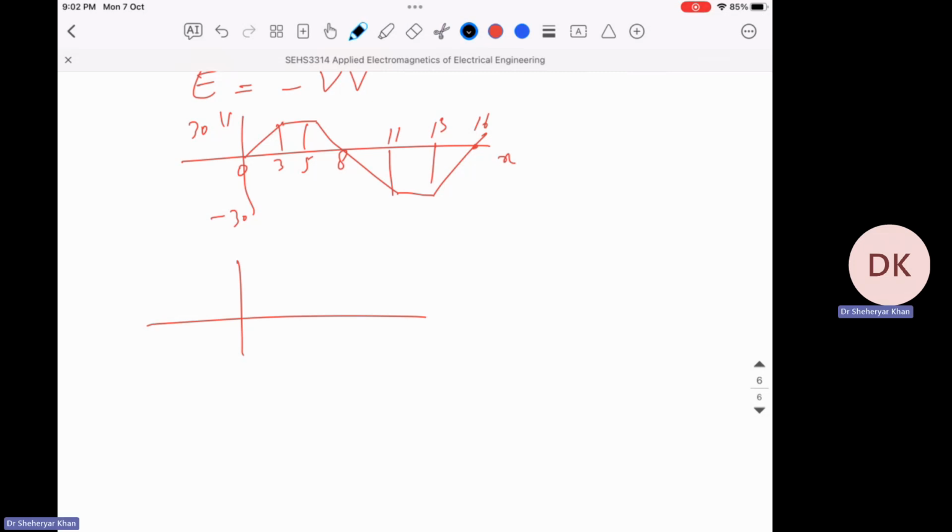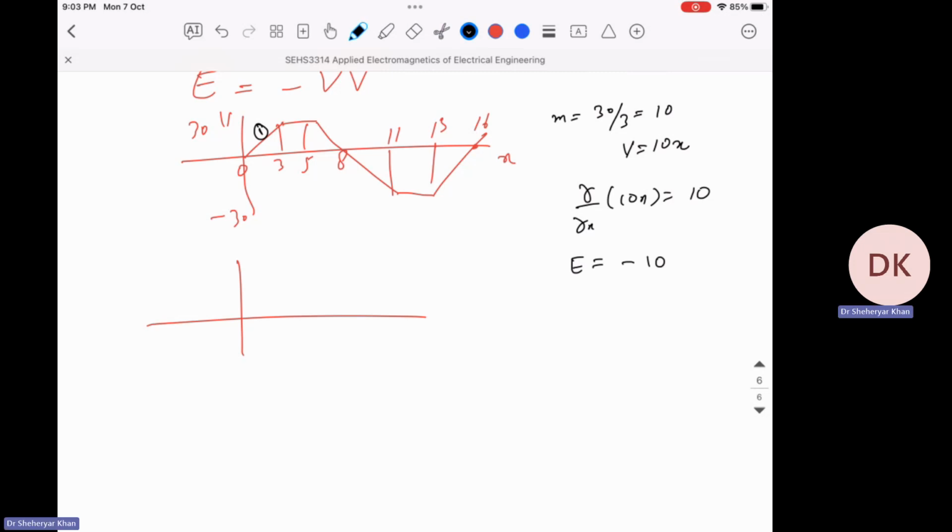So for this line, segment 1, the slope is 30 over 3, which is 10. So equation is V is equal to 10x. It's very simple. So what is the derivative of 10x? 10. Correct? So what is E field? E field is minus 10.